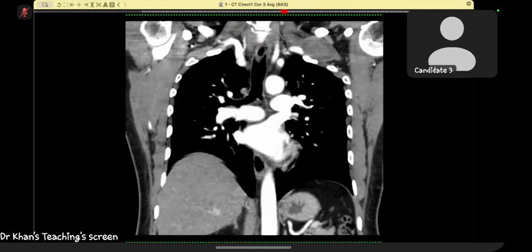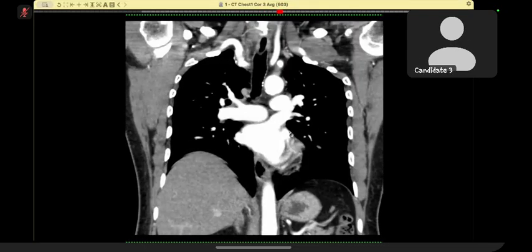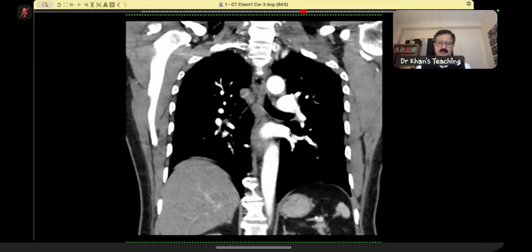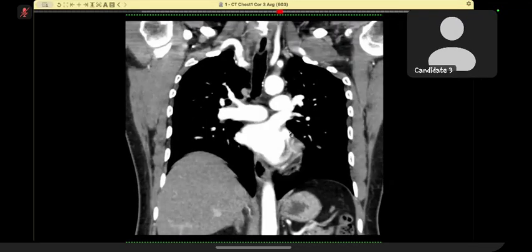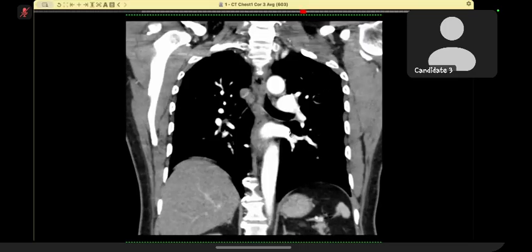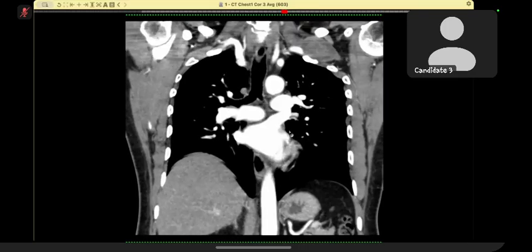No, I think it's arising from the intercostal nerve. The brachial plexus is slightly above the ribs, and mainly the nerves go into the region of the axilla.